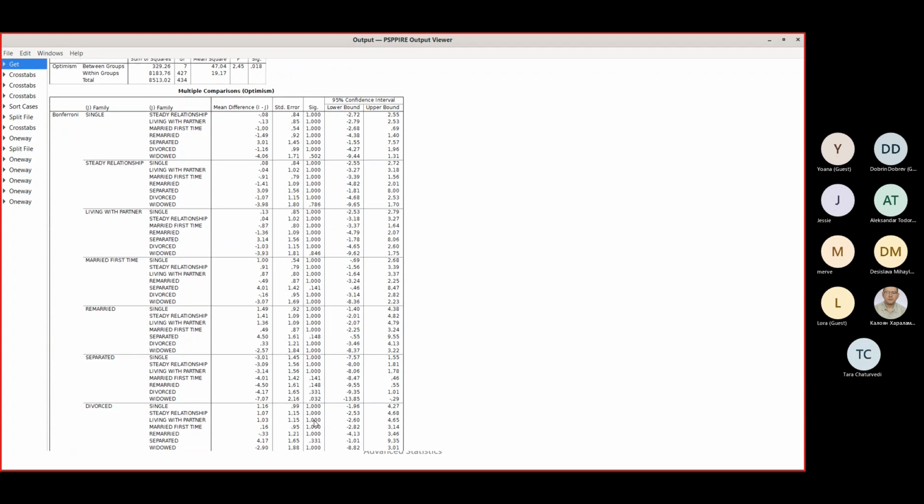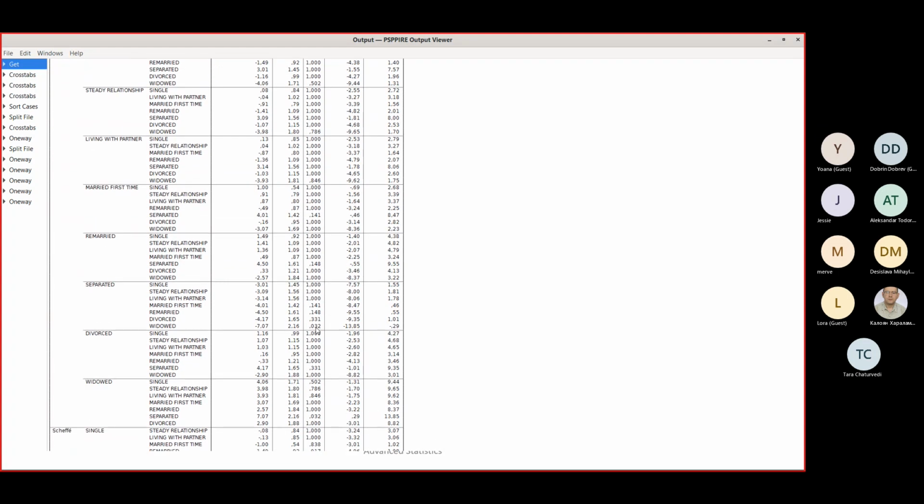Okay, only this significance level is smaller than 5%. This significance level is 3.2%, and the pair is separated and without.